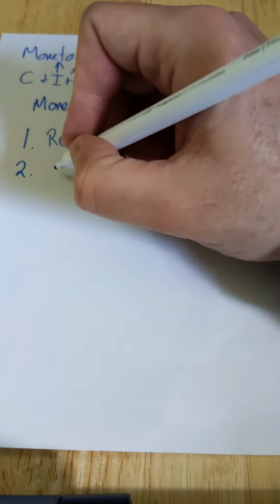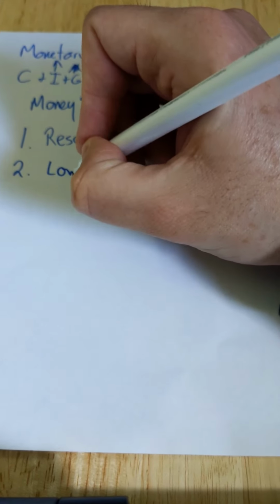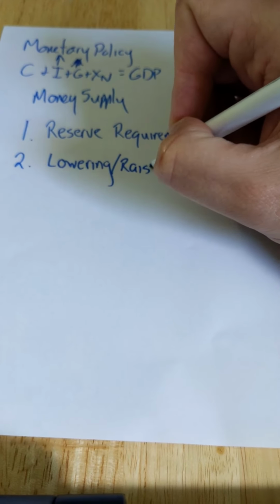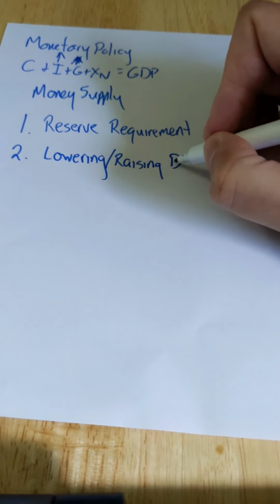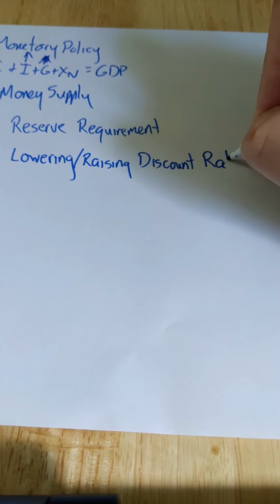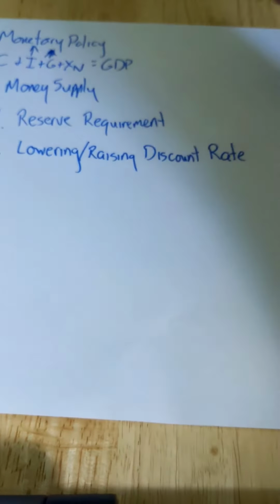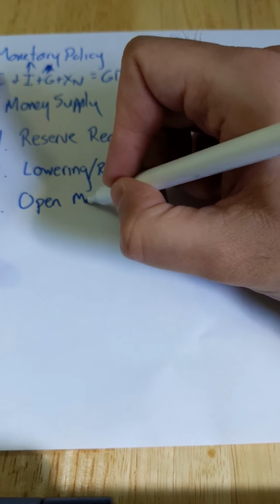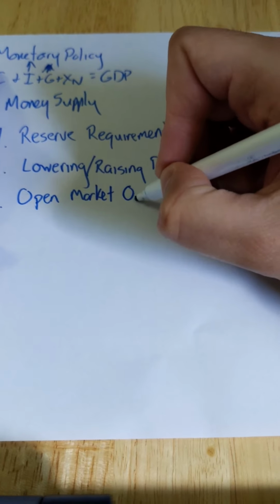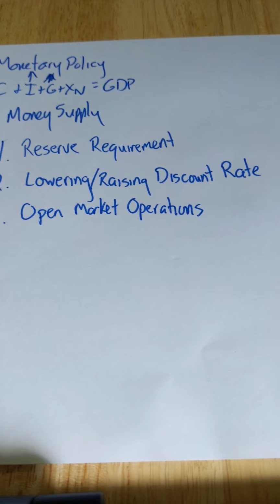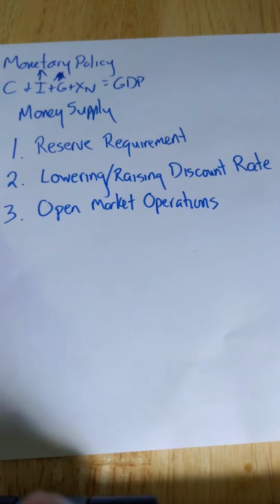Two is actually lowering or raising the discount rate. And three would be what's called open market operations, and that is the buying and selling of bonds.